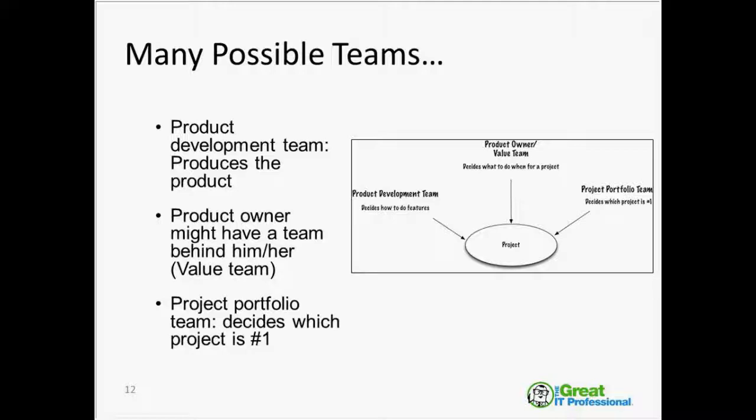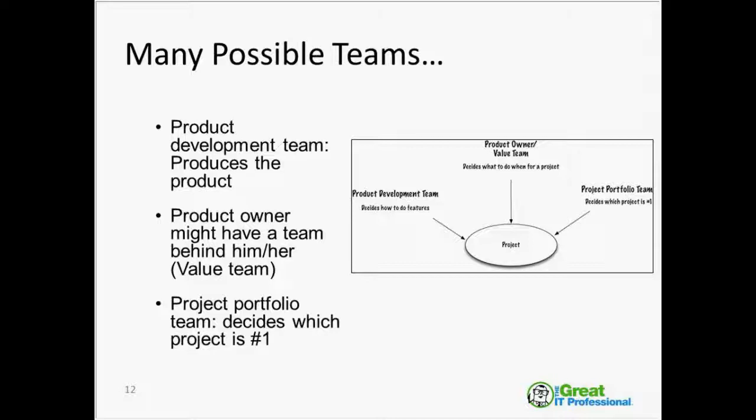So the project portfolio team says, yes, we want this project, and we want it now because this will give us value across the organization. The product owner value team says, we want this sequence of requirements at this time in this order, and they hand off the sequence. Well, it's not really a handoff. They work with the product development team to help the product development team deliver what they're supposed to do.